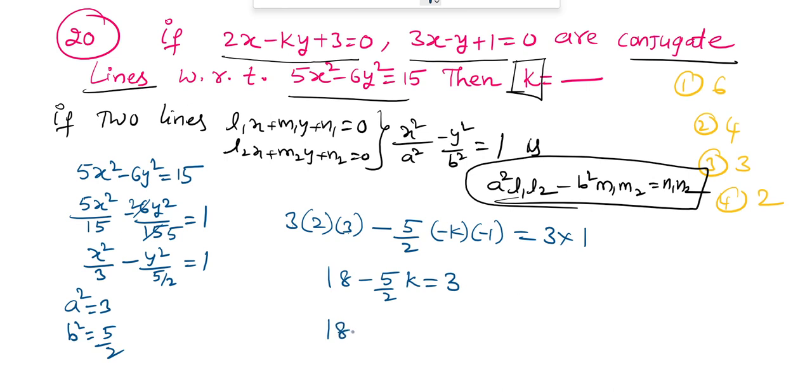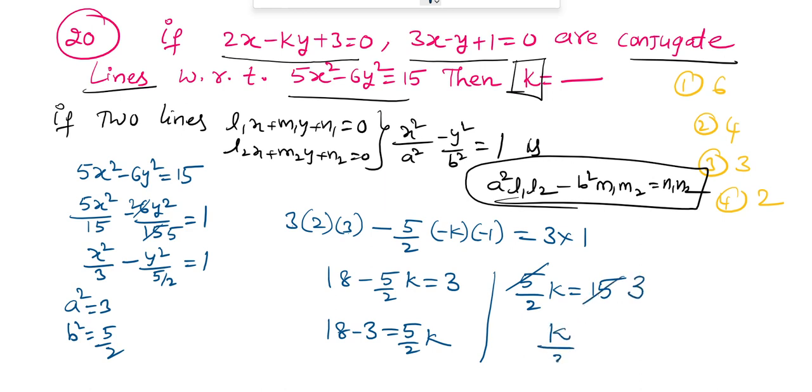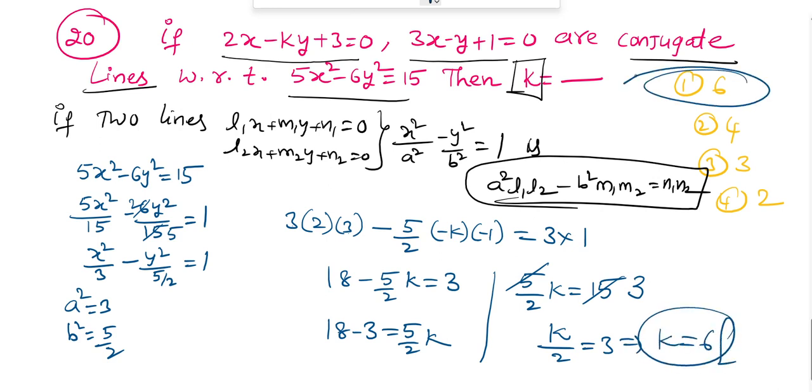From this 18 minus 3 is equal to 5 by 2 k. From this 5 by 2 k is equal to 15. Here 5 3 times cancels. So k by 2 is equal to 3. From this k is equal to 6. For this, the first option is the correct answer.